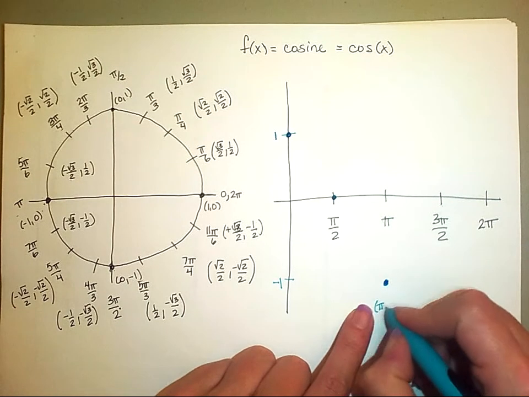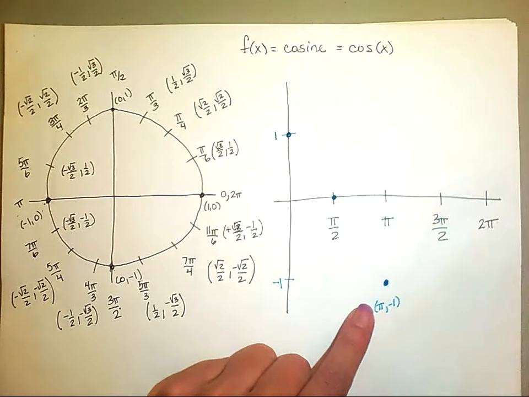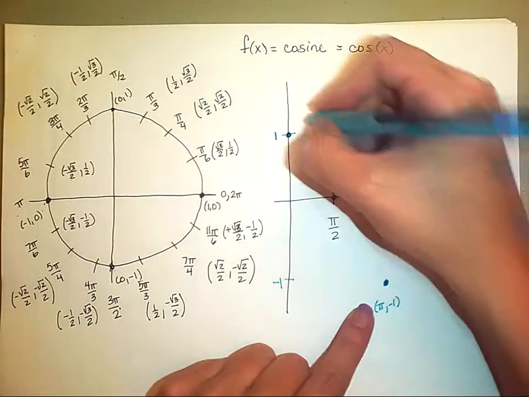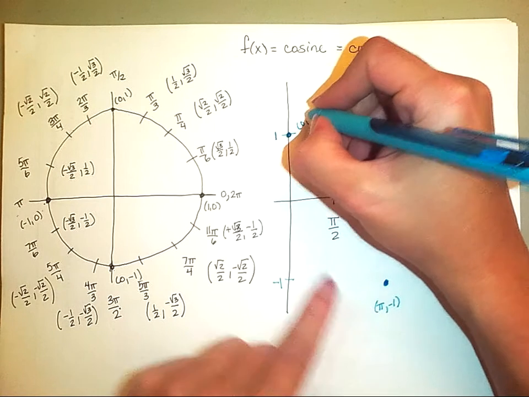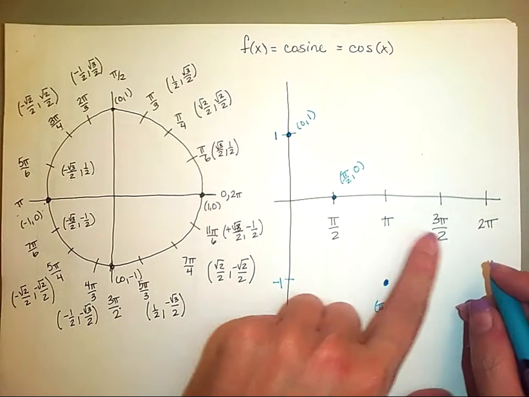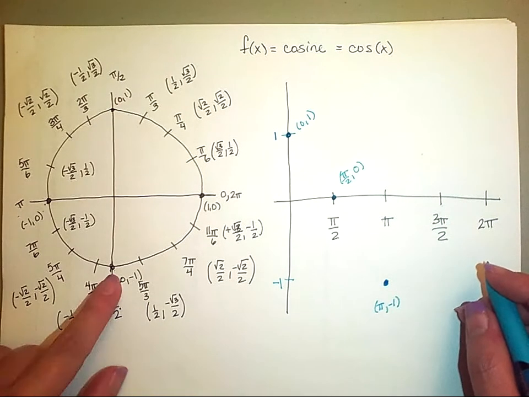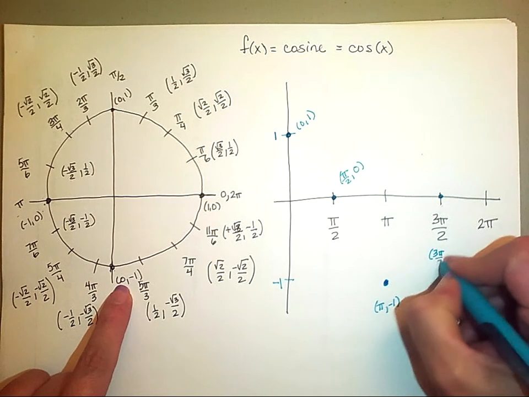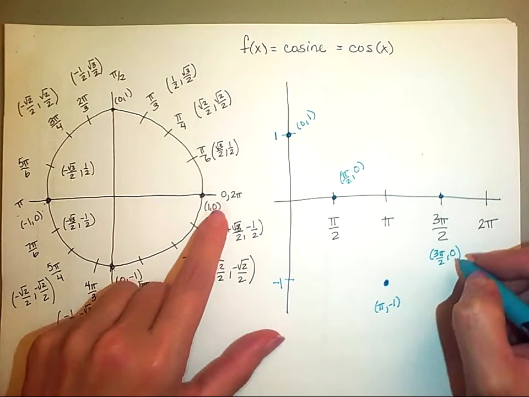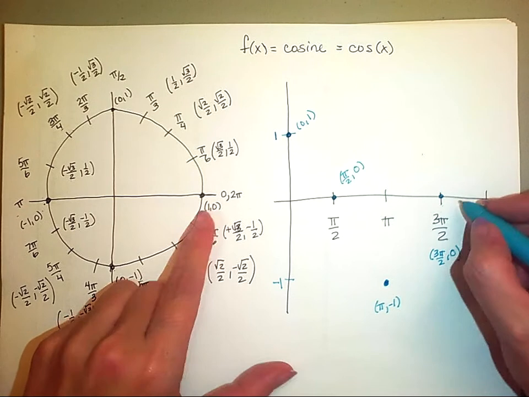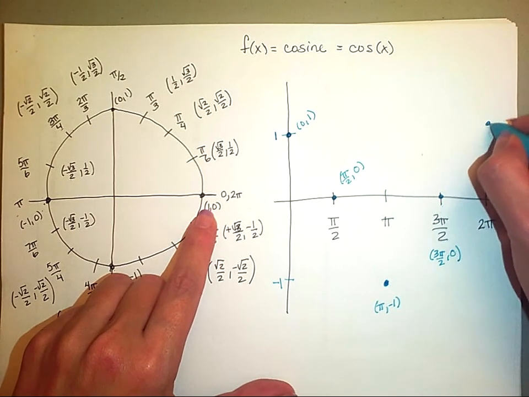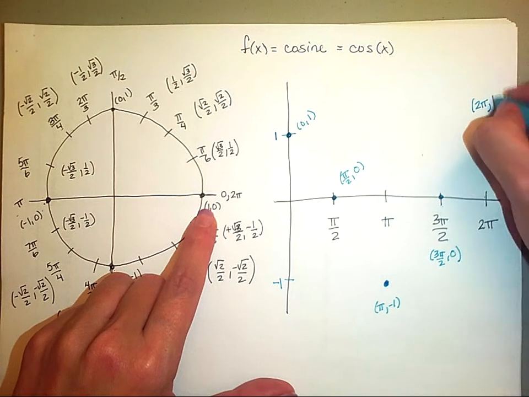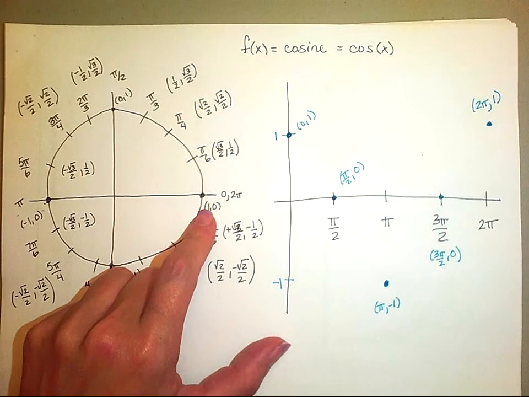So this is pi comma negative 1. This is pi over 2 comma 0. This is 0 comma 1. Now, at 3 pi over 2, we're back at 0. And by the time we get to 2 pi, the cosine there is 1. So if the angle is 2 pi, then the cosine is 1.